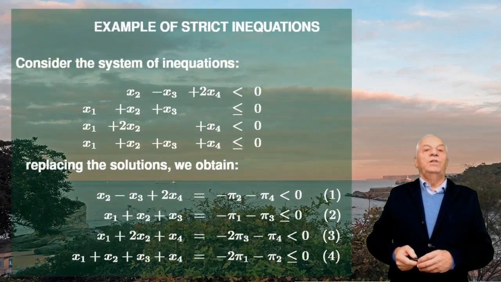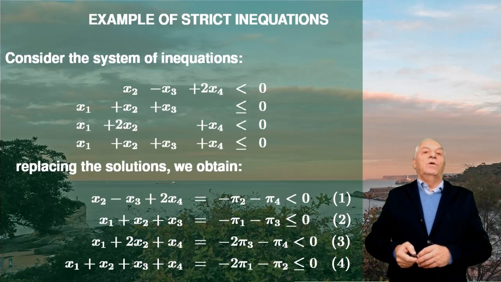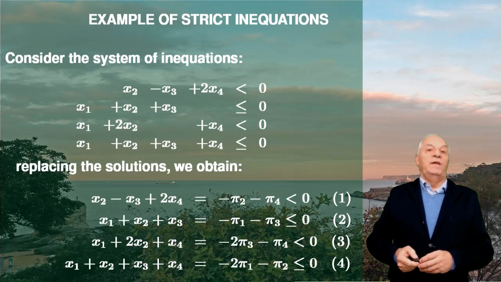Finally, we provide an illustrative example of strict inequalities. Consider the indicated system of inequations, which is the initial one, where the less or equal relations in equations 1 and 3 have been replaced by strict relations less than.